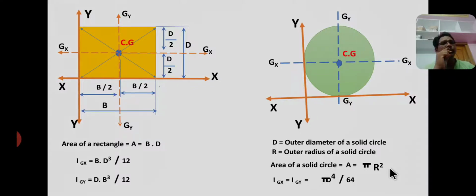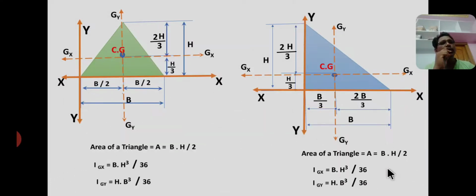Okay, now coming to another section, that is an equilateral triangle or isosceles triangle. Okay, this is a right angle triangle. The formulas are the same, but the location of the centroid is different. Here the given triangle is symmetric about this vertical axis.